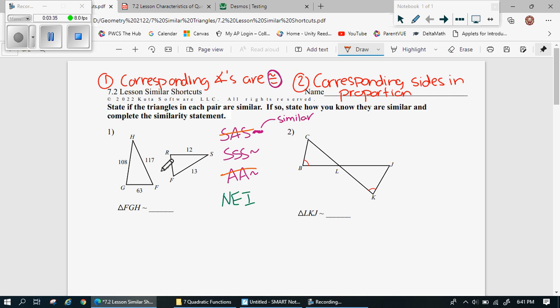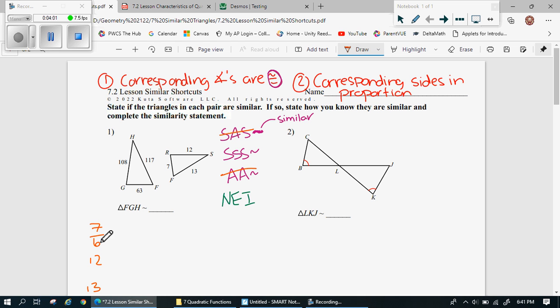I always like to do small over big, so I'm going to list the sides from smallest to biggest: 7, 12, 13. 7 is the smallest side in this triangle, so if this triangle is going to be similar to this one, then this smallest side should be related to the smallest side in this triangle, which would be 63.